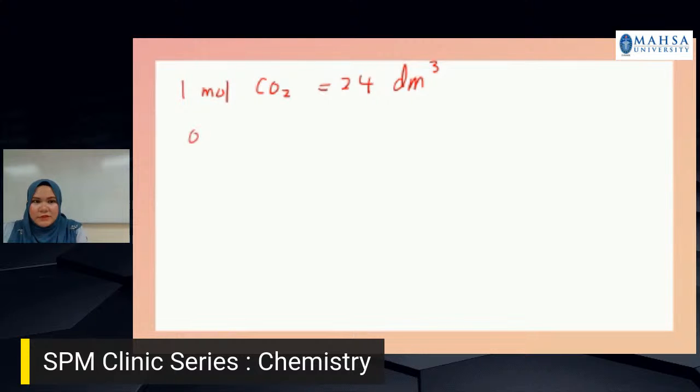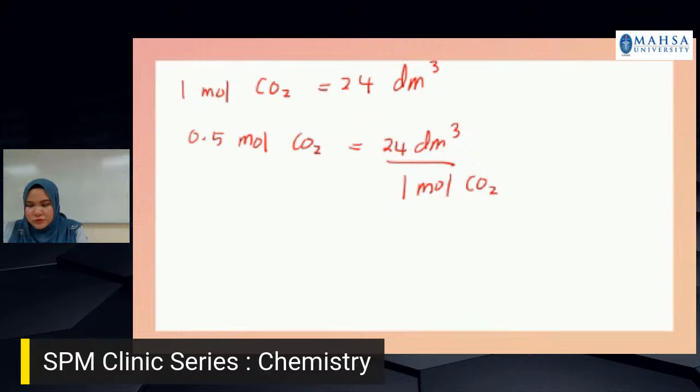So when you have 0.5 mole CO2, equal to 24 dm cube divided by 1 mole CO2 times 0.5 mole CO2. So it will give you the answer 12 dm cube.